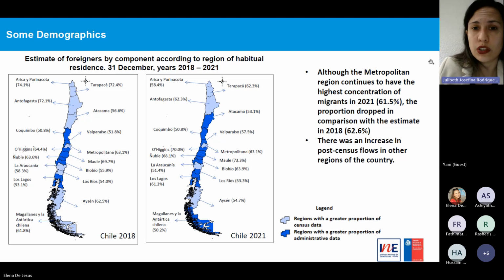And if you look, there are new regions painted in dark blue. By the 2021 estimate, the information from records for some of those is 2 times greater than the population of immigrants whose information comes from the census. So using an estimation methodology that combines census and administrative records, it was possible to have updated information on migrants within the national territory. Next, please.